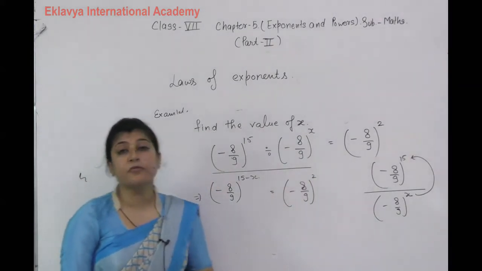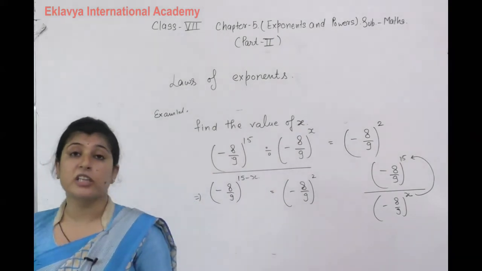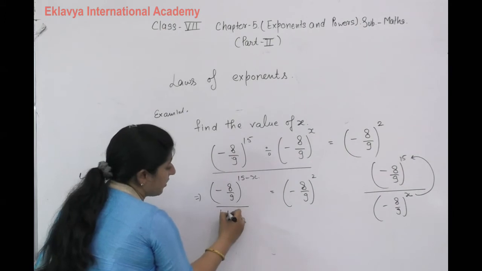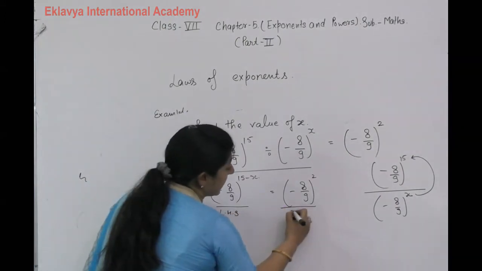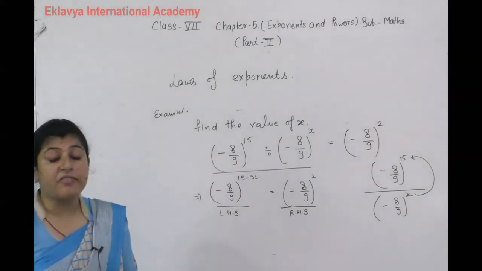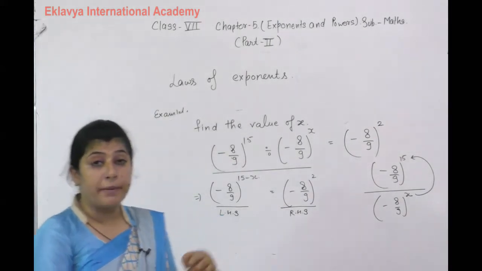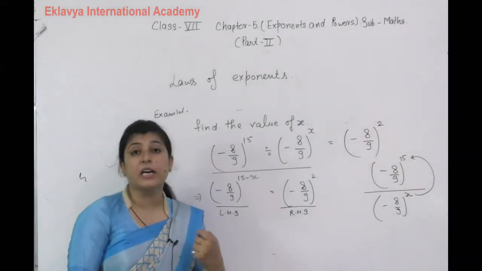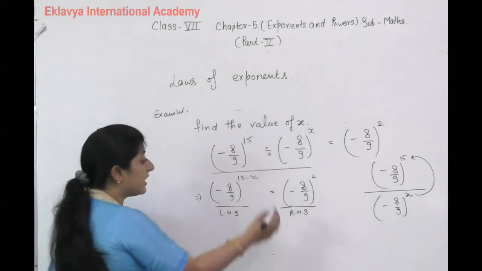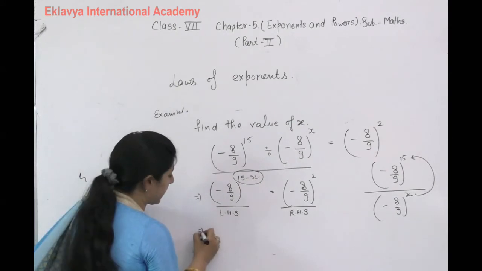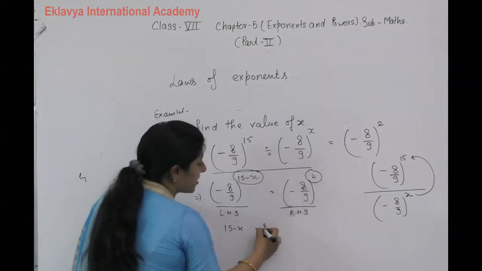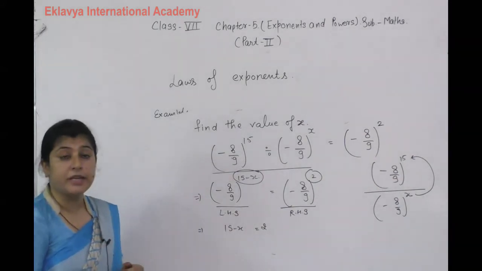See, in this type of question, how do we find the value of x? This side is called LHS, left hand side, and this side is called RHS, right hand side. If the base is the same on both sides, then we can compare the powers. It means the power 15 minus x is equal to this power 2, because the base is the same.